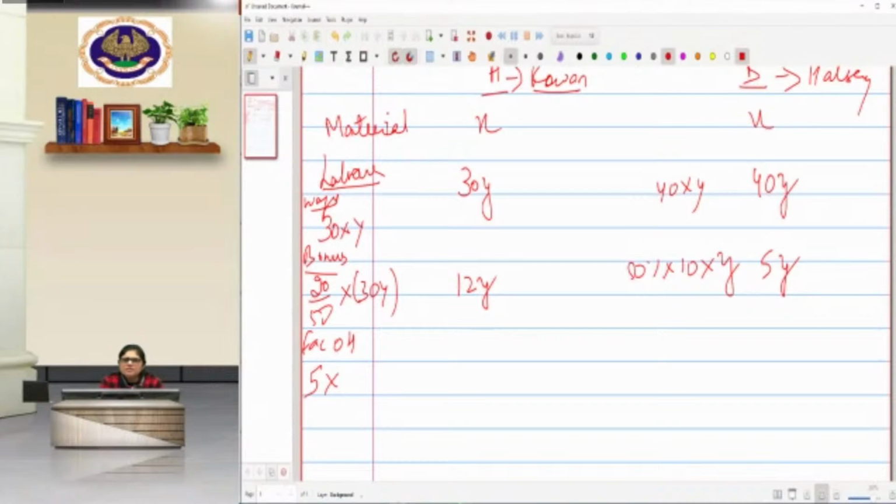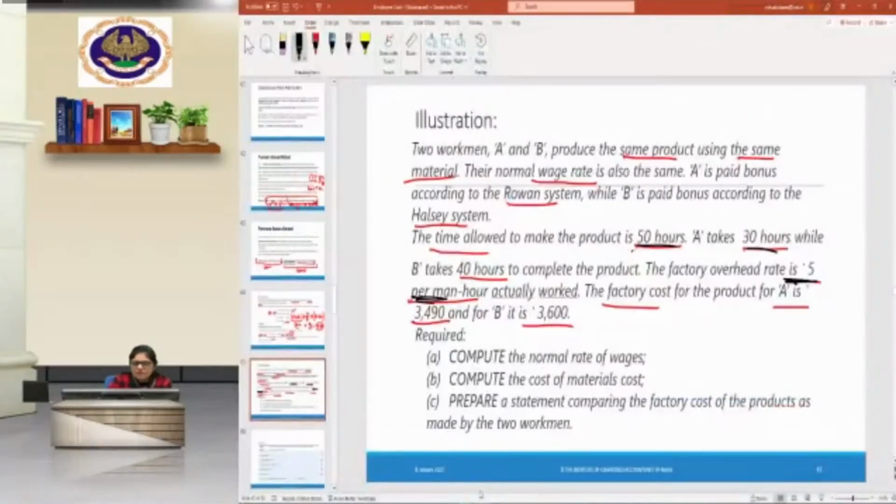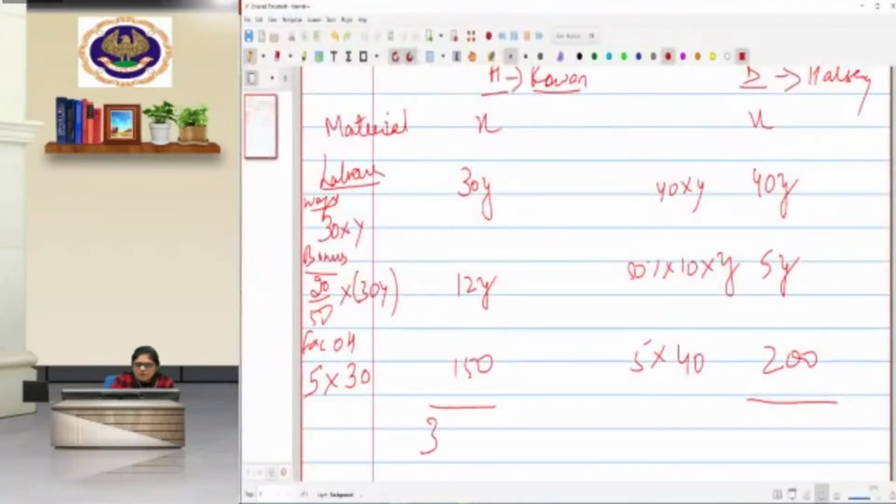For A, the time taken is how much? 30. So that makes out to 150. And in case of B, factory overhead 5 into the time taken is 40. So it will be 200. This makes the total factory cost, and we have got the factory cost 3490 and 3600.